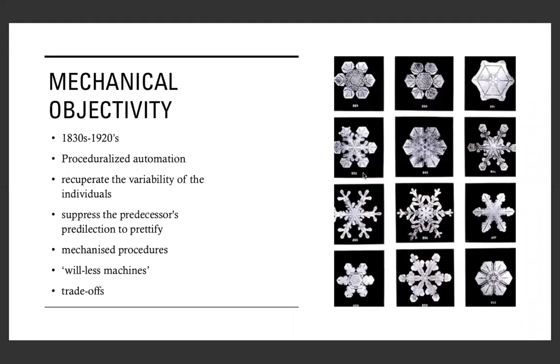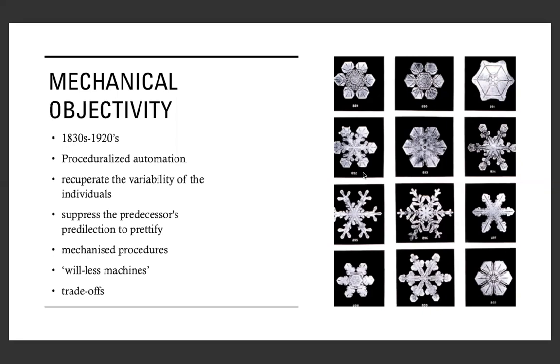You can obtain this variability, which is truer, which is the only way to think truly about nature, by mechanized procedures, or if that's not available, you can try and suppress the will of the practitioners. So they had this idea of will-less machines that would record truthfully and mechanically aspects of nature.